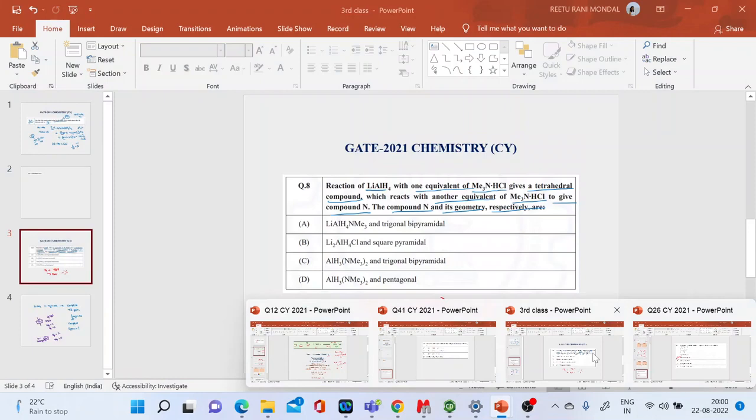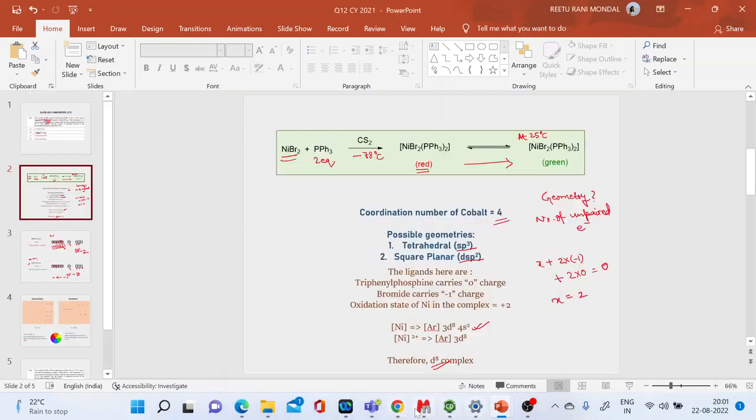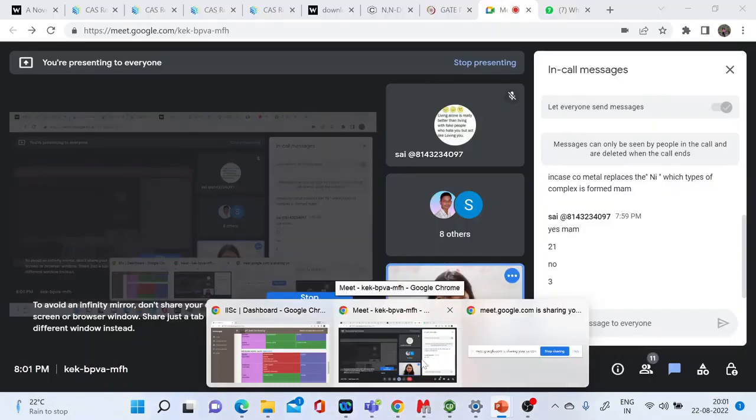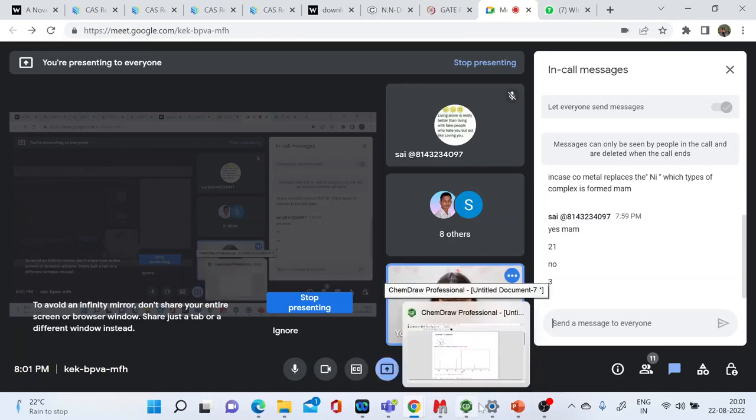In this question, where is cobalt? Okay, in this one. But I think you asked what will happen in case CO metal replaces the Ni. So CO is replacing Ni. Then that is the first question, right?